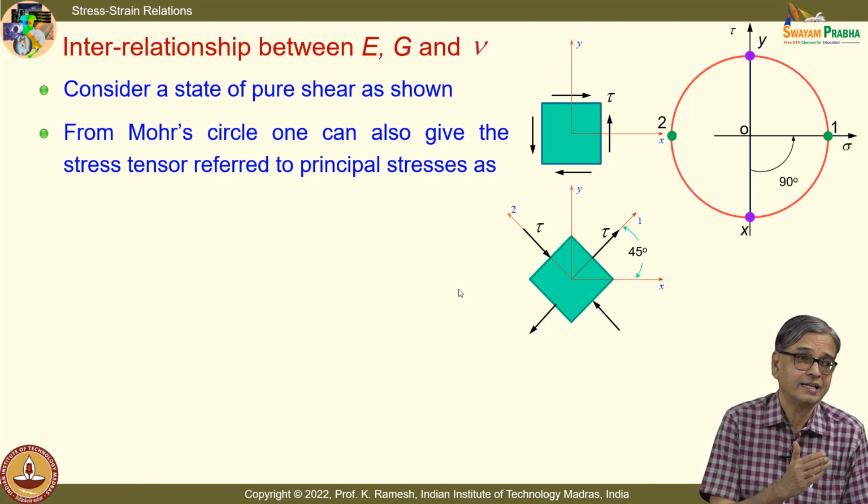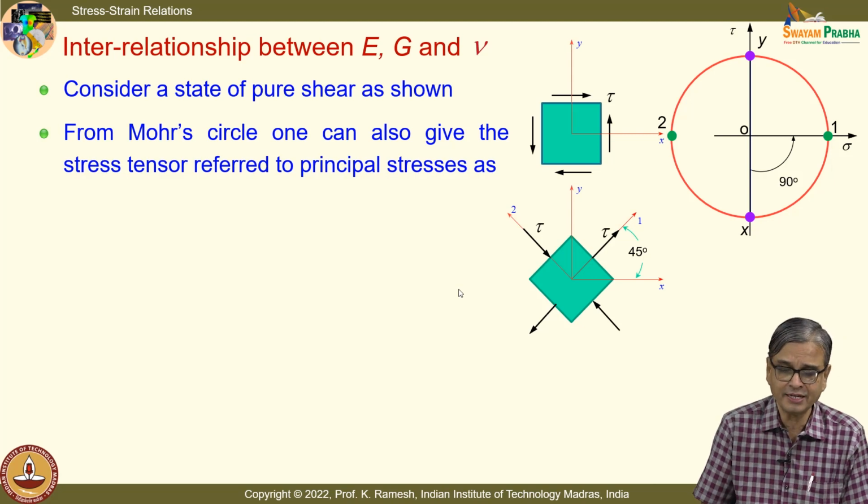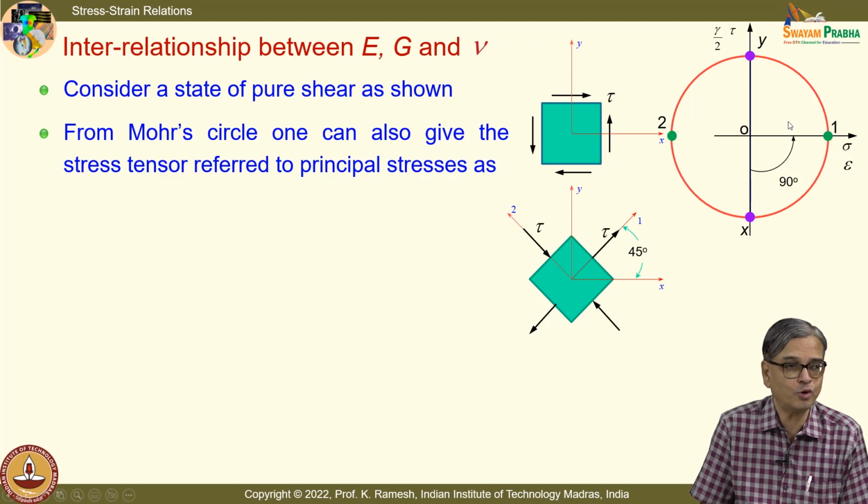And I said Mohr circle of stress and Mohr circle of strain are identical if you adjust your axis properly. So I can also visualize the same circle as Mohr circle of strain, where I have the normal strain here and the shear strain here.